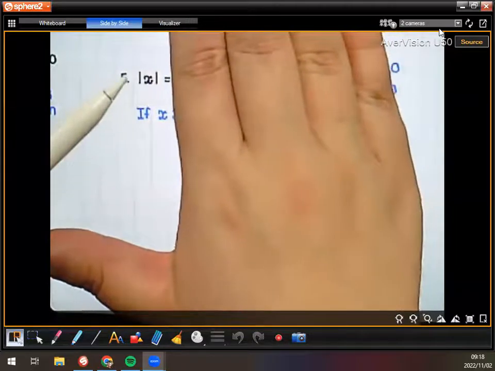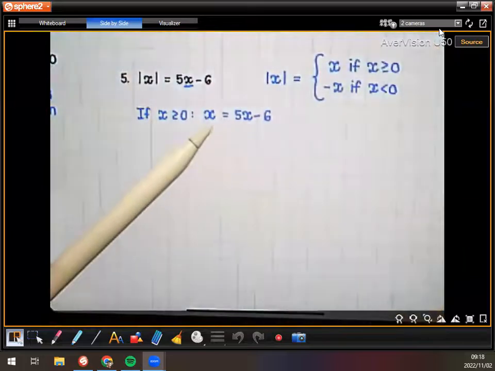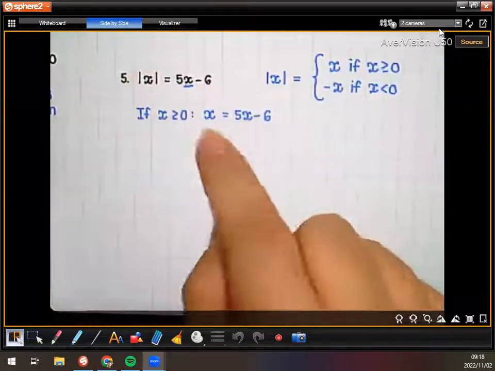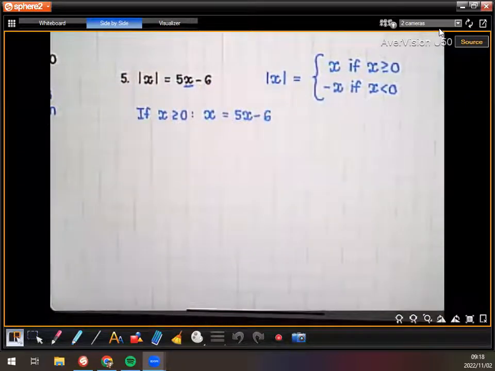So all I'm doing is replacing the absolute value of x with what it would actually be if it was positive. And they say that the absolute value must be equal to that. That's going to give us one equation that we can solve. We'll do more examples, so don't stress. It is a bit confusing at first.